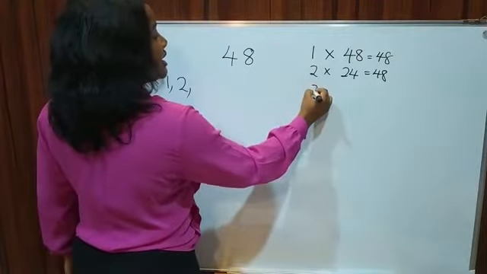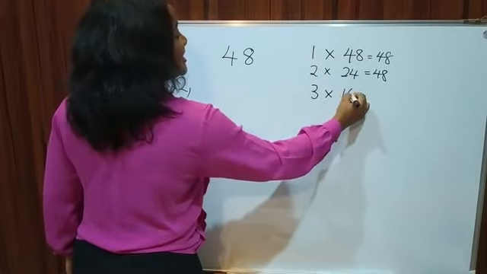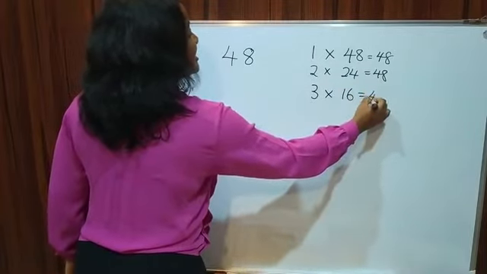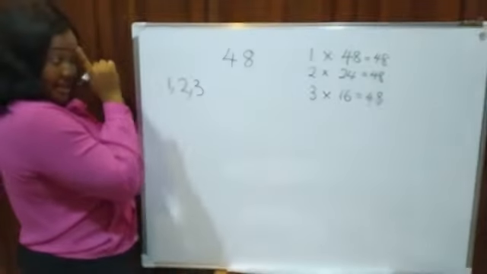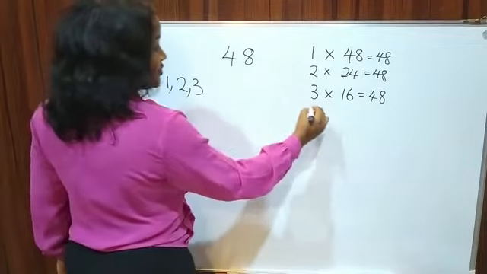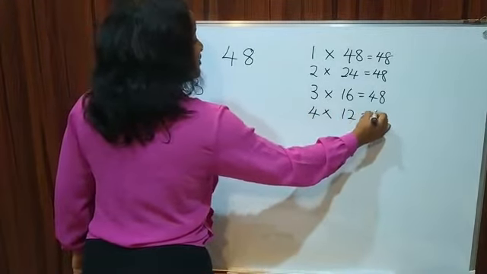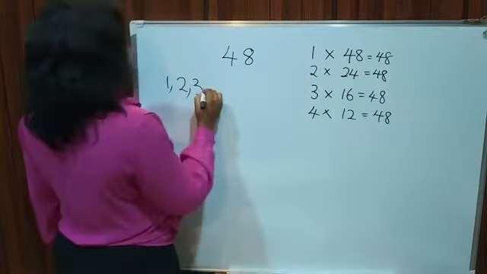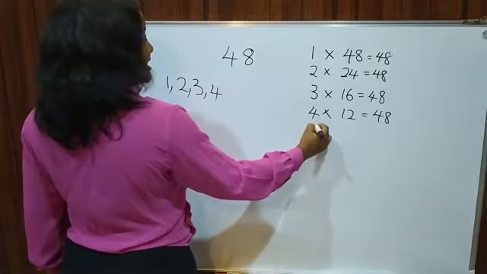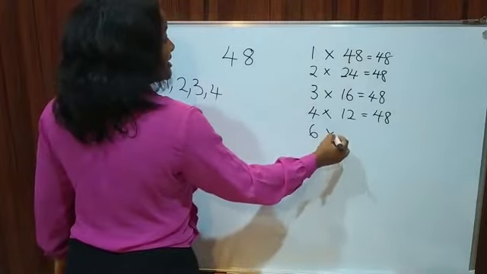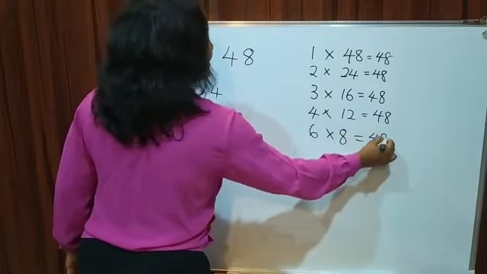I guess 3 times 16 gives us 48. So we have our 3. Do we have 4? Yep. 4 times 12 gives us 48. No 5. And we have 6 times 8 equals 48.